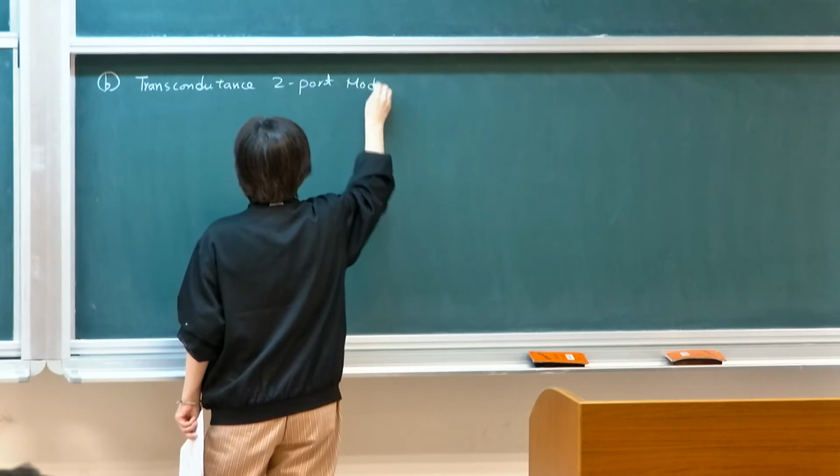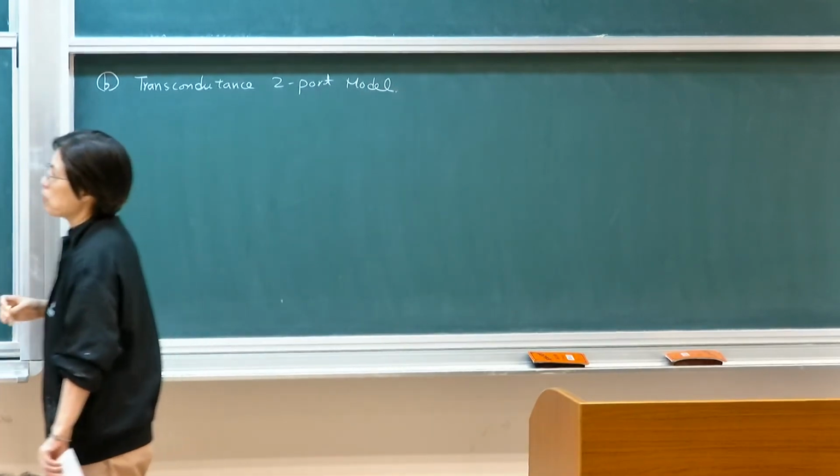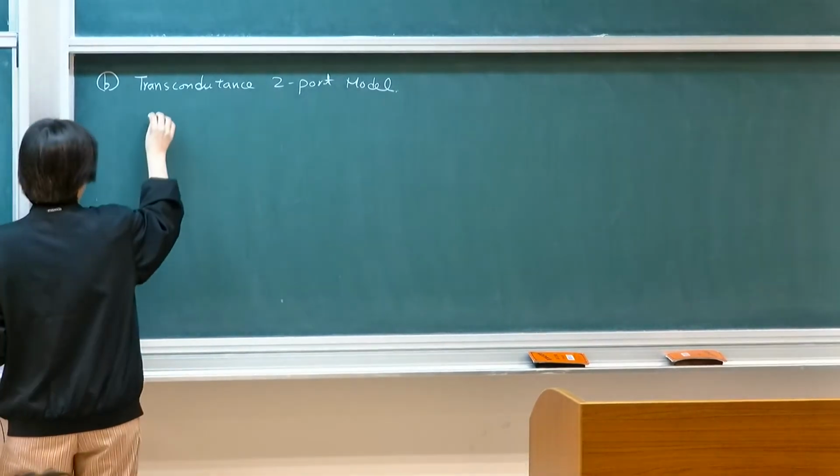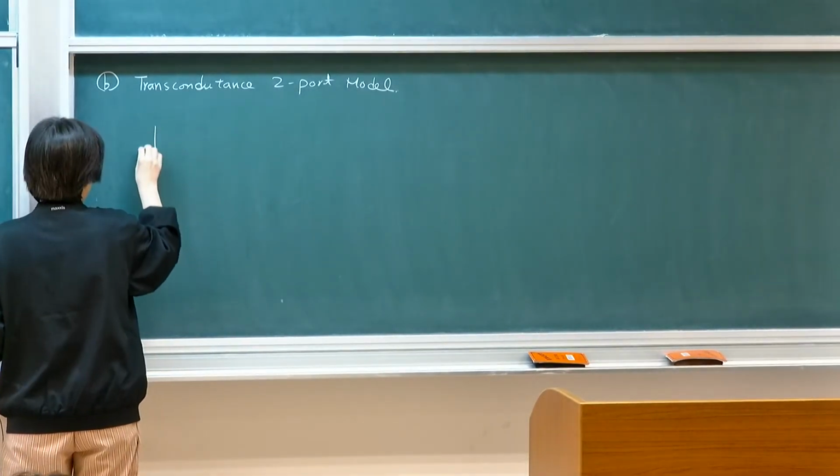It's actually a little bit easier if you use the transconductance model. The way to think about it is that if I'm looking at a cascode structure, something like this.